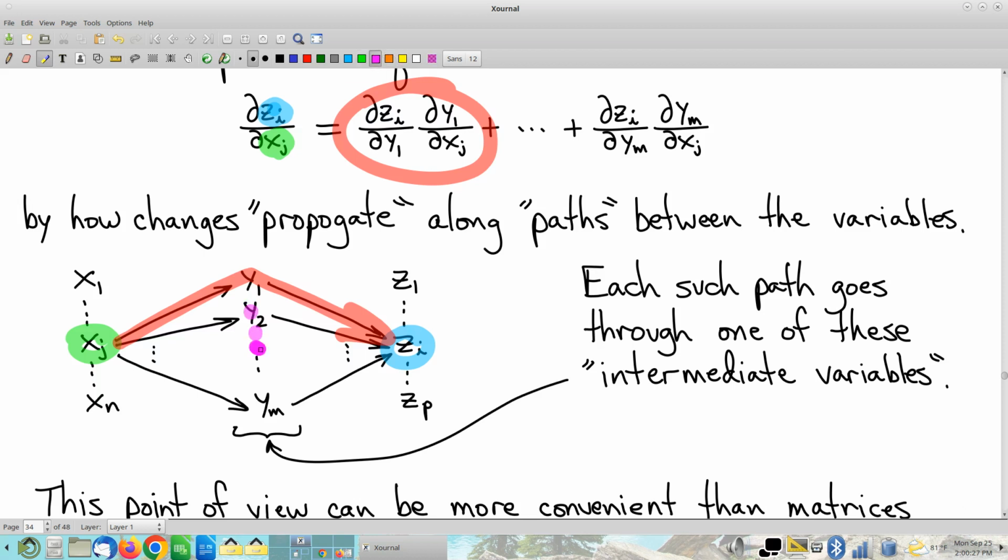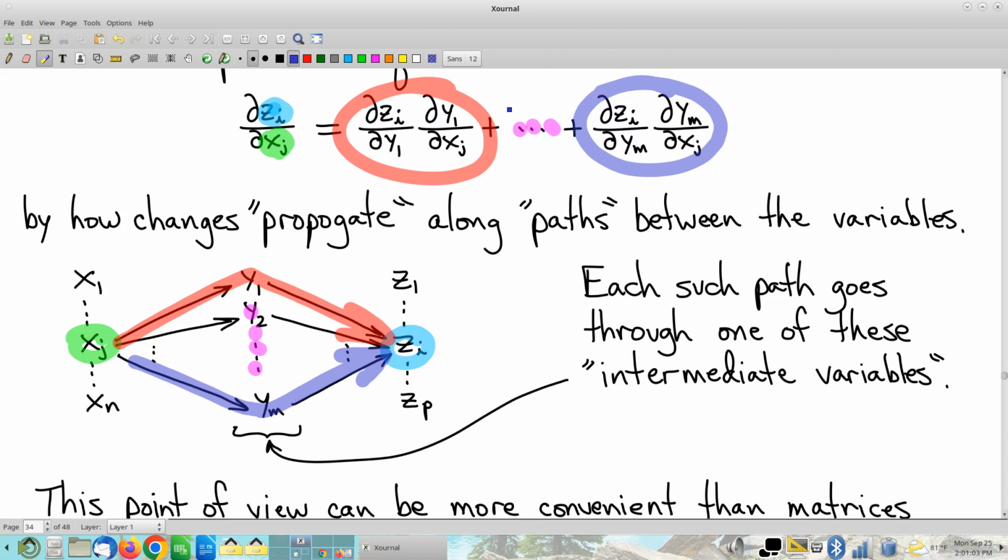There are several other paths along there, and then I can end with this last path. That last path corresponds to this term. And again, you can break it down into steps. First, we have the partial of ym with respect to xj. There's that. And then we have the partial of zi with respect to ym. And there's that. So each path corresponds to a term.